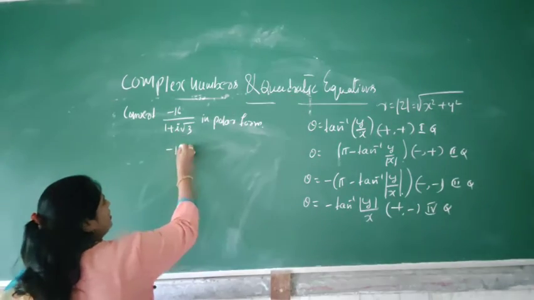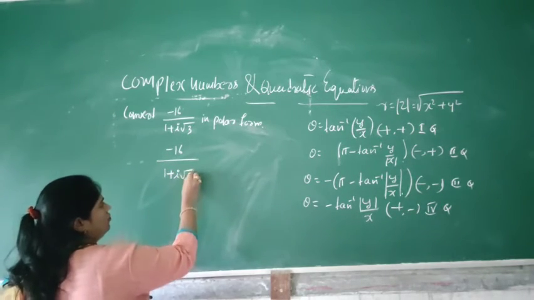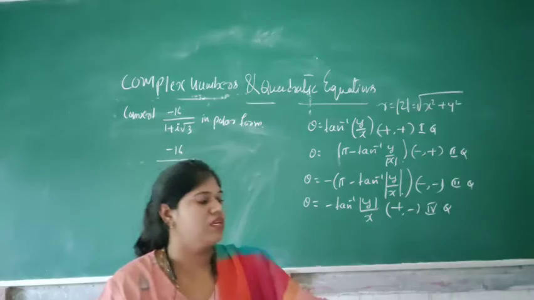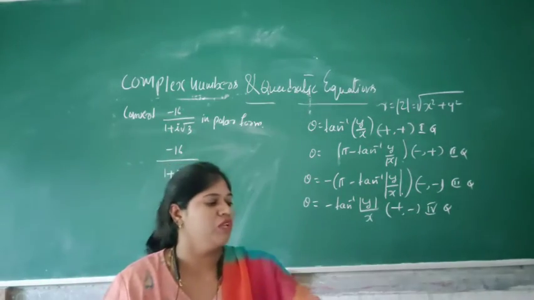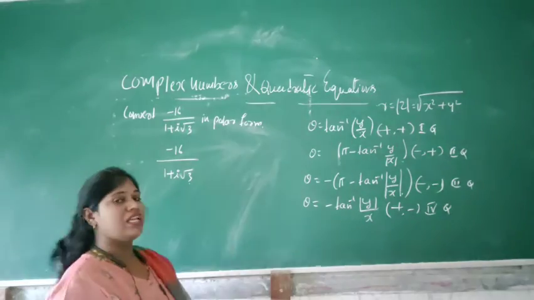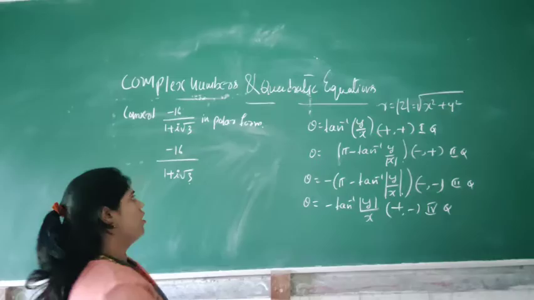The problem is minus 16 divided by 1 plus i root 3. So we have to rationalize the denominator. How to rationalize?